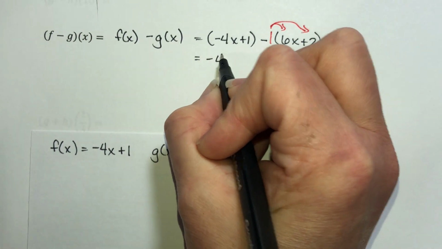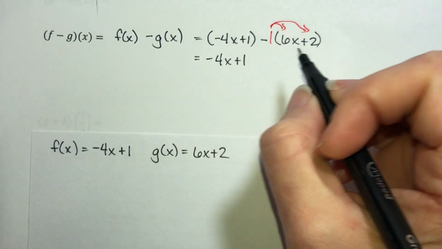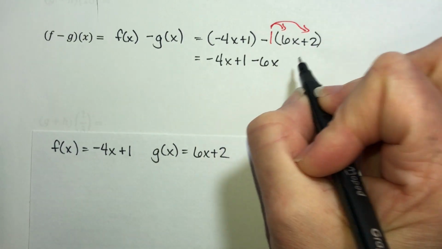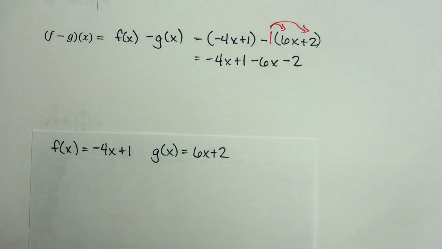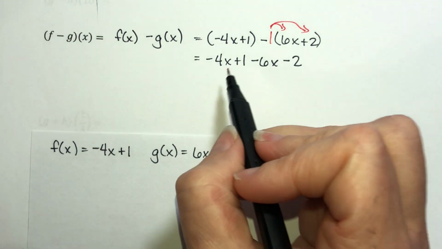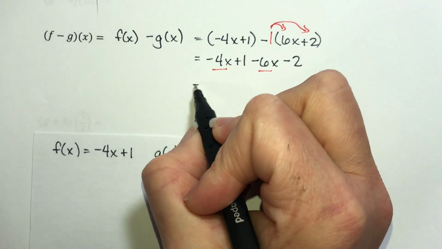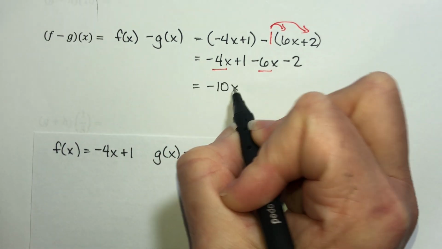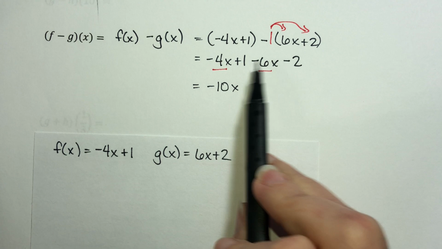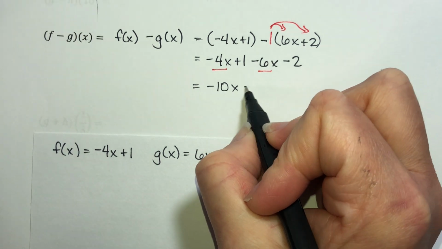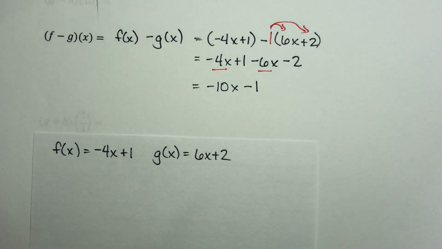So I get negative 4x plus 1 minus 6x minus 2. Now we're going to combine like terms. Negative 4x minus 6x would be negative 10x. And then I have 1 minus 2, which will be negative 1. So I have negative 10x minus 1.